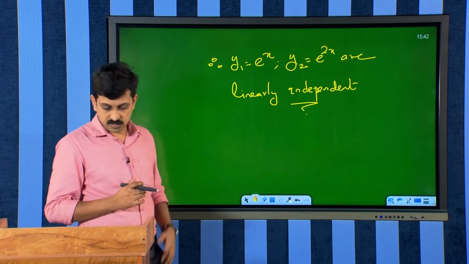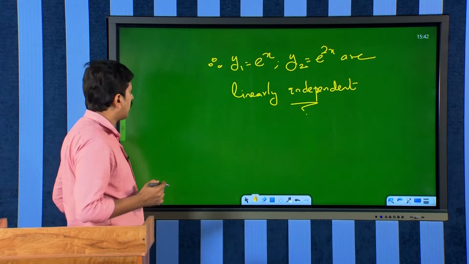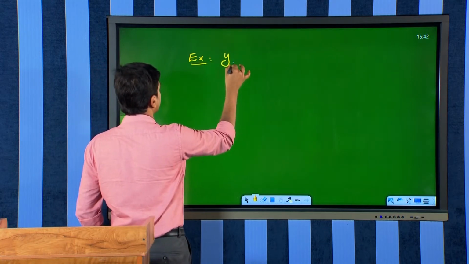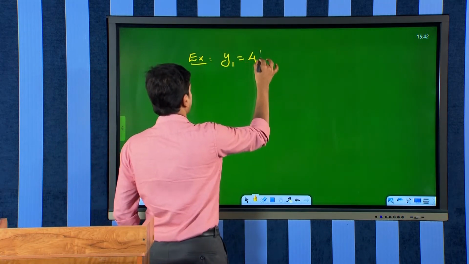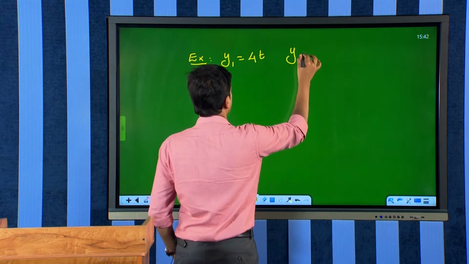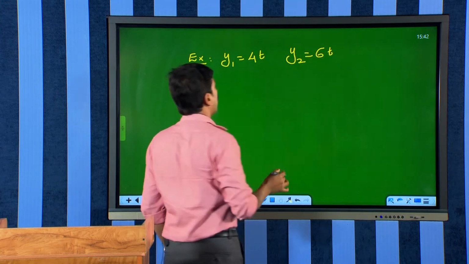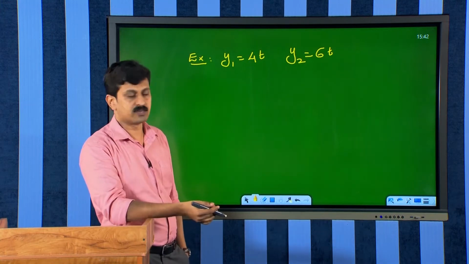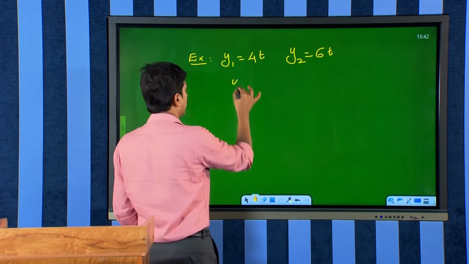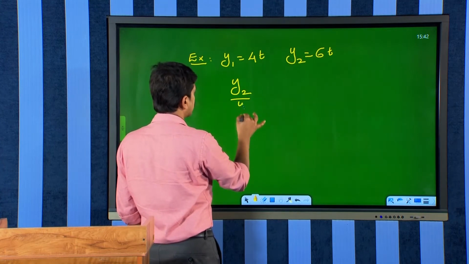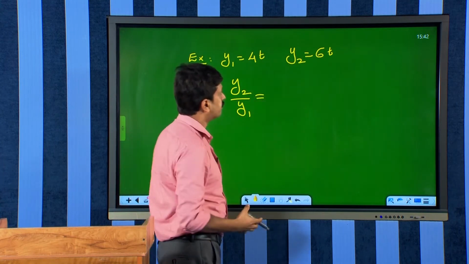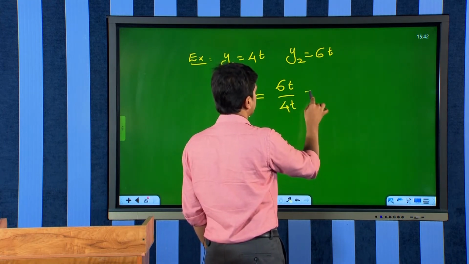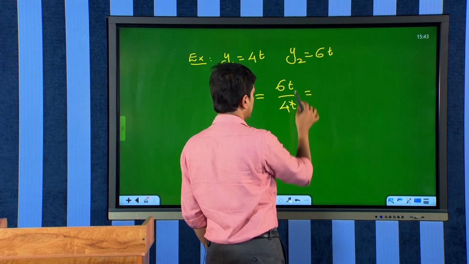My dear students, here is one more example. y1 is equal to 40, y2 equal to 60. For the variable, instead of x we change it to t. Therefore, y2 divided by y1 is equal to 60 divided by 40, and we can cancel t and t.